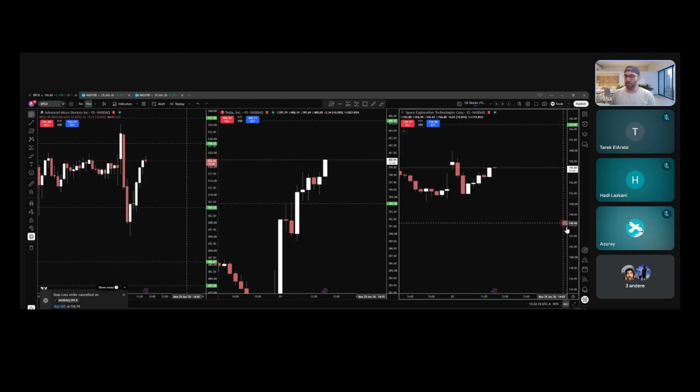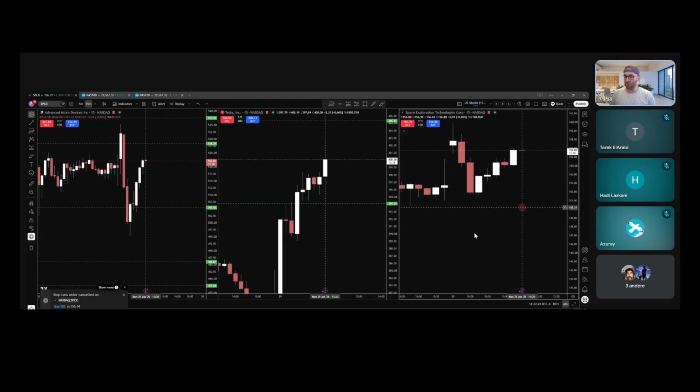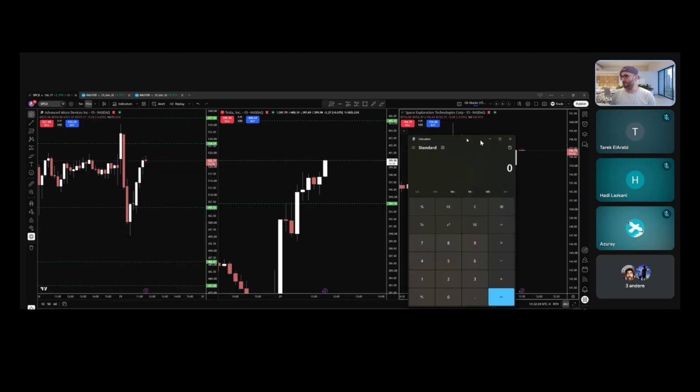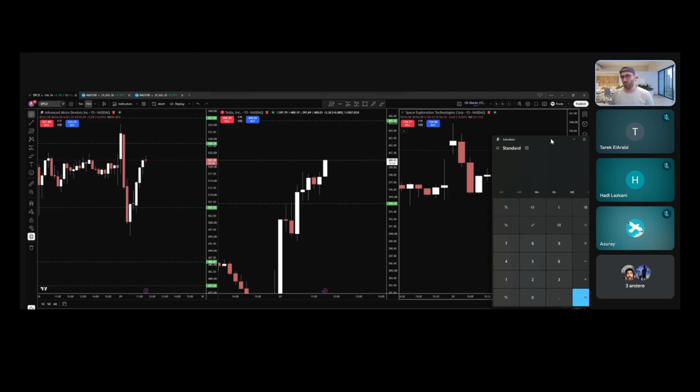And here, as you can see, what we do have here. You can call it 3 candle pattern actually.